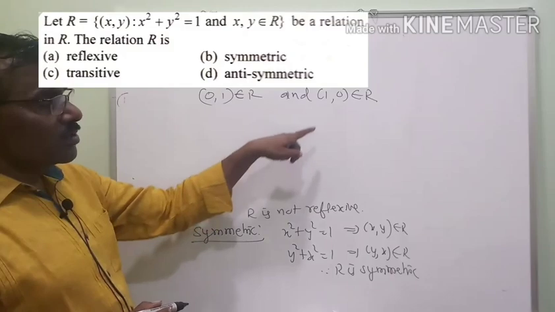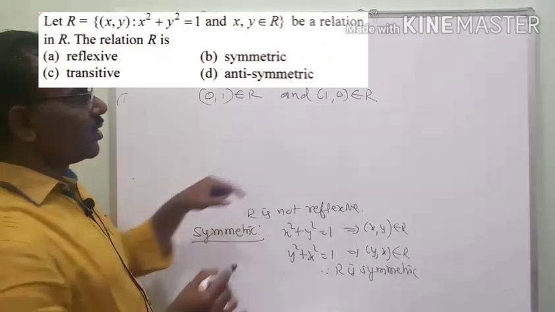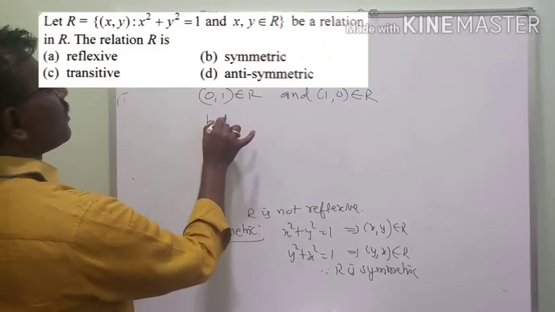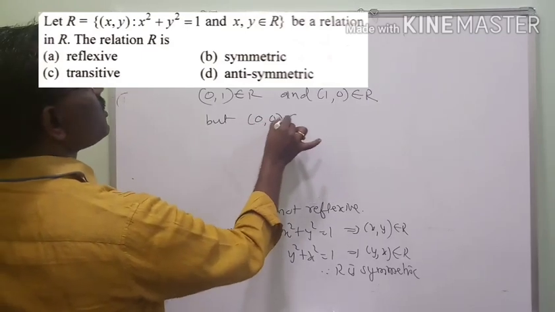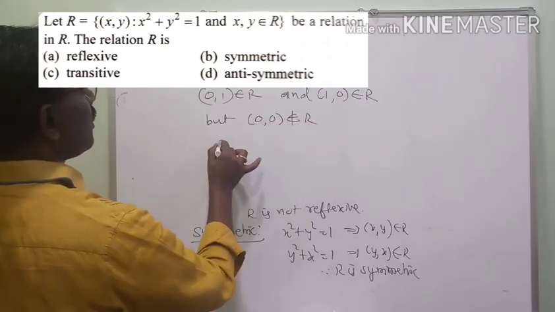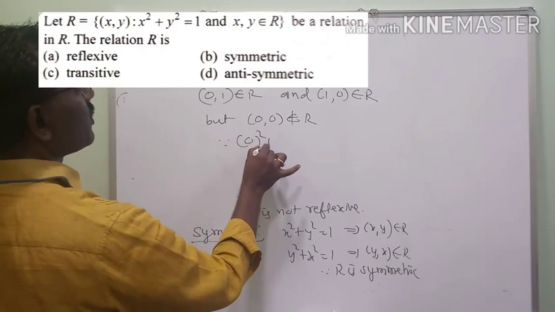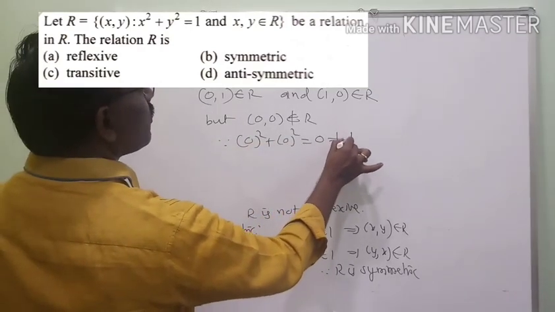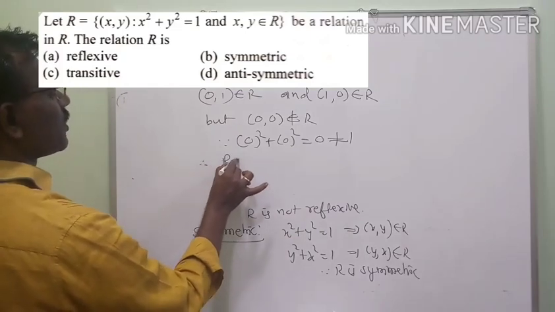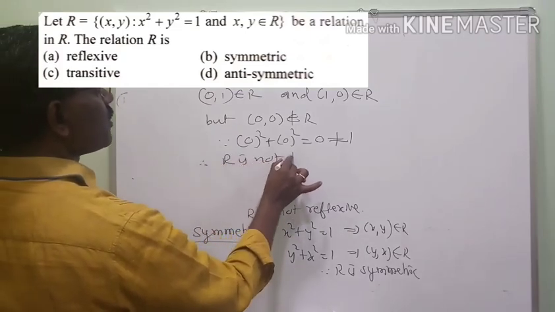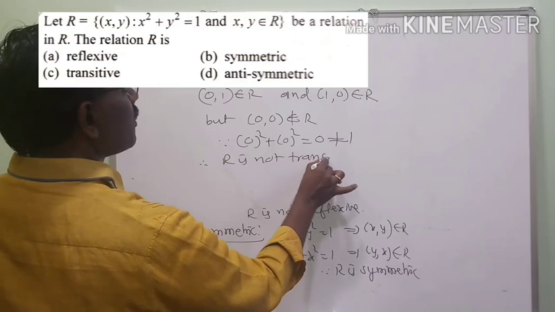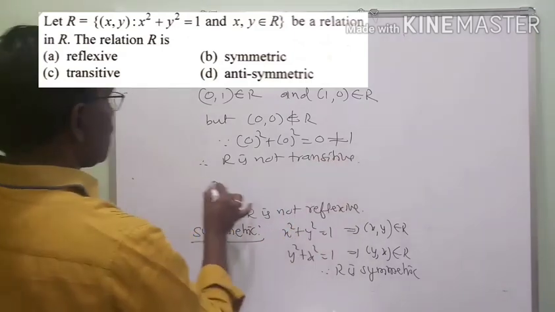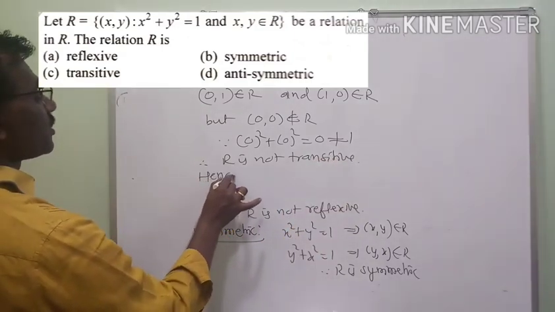But (0,0) does not belong to R, because 0 square plus 0 square equals 0, which is not equal to 1. Therefore, R is not transitive.